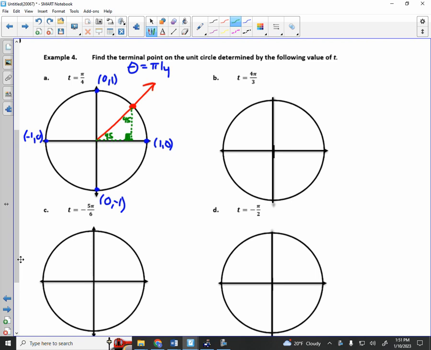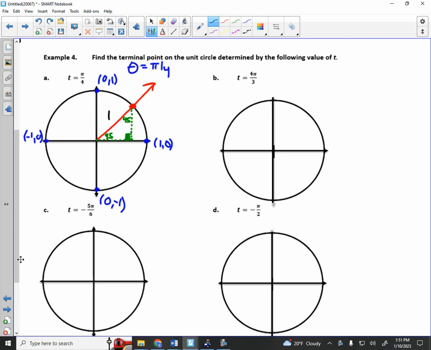Okay, so as I have 45, 45, 90, I am working in the unit circle. What is the radius in the unit circle? One. That's why it's called the unit circle. 1 unit. This will always be 1.